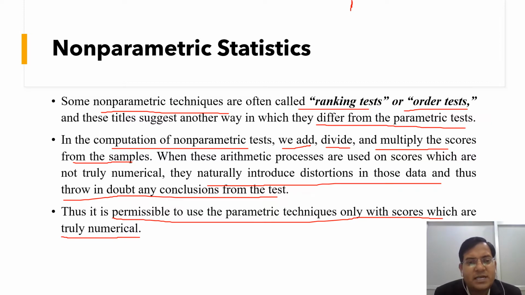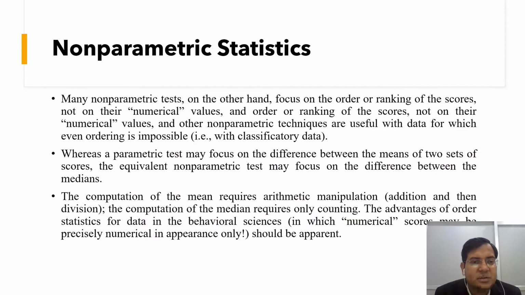So we use parametric statistics only on true numerical values. If we convert our attitude into numbers, it is not permissible to use parametric statistics. Most researchers criticize psychological sciences on this point. It's better if we use non-parametric statistics in comparison to parametric statistics.